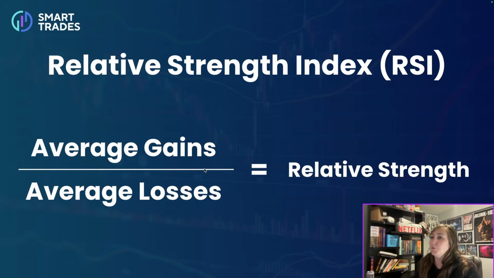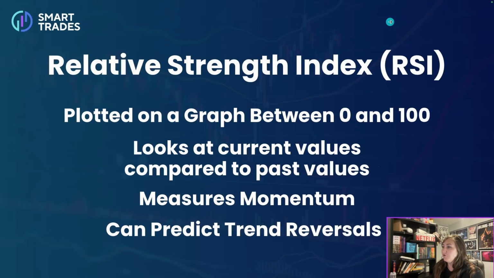So first, we need to actually understand what the RSI, or relative strength index, is. It's basically just average gains divided by average losses, which equals the relative strength or momentum in the chart. It's plotted on a graph between the numbers 0 and 100, and I'm going to show you some trading examples after this.